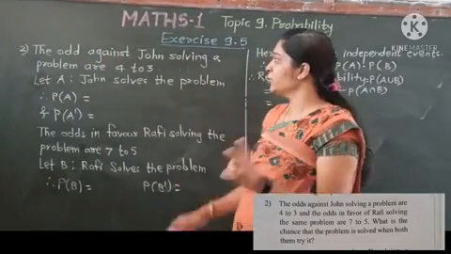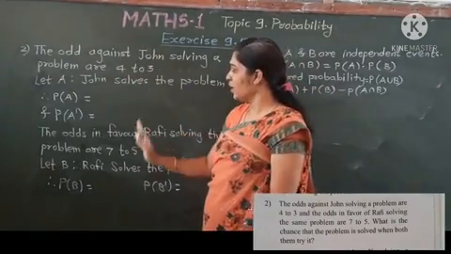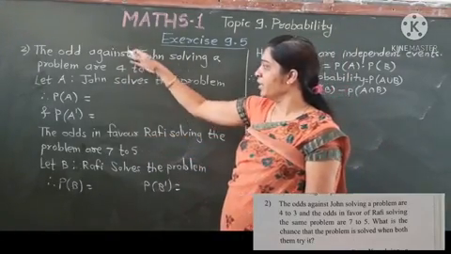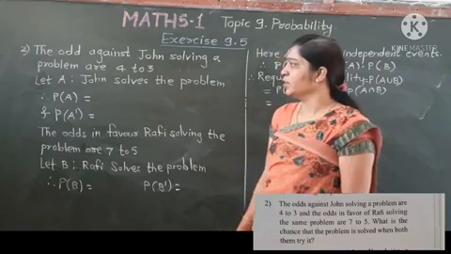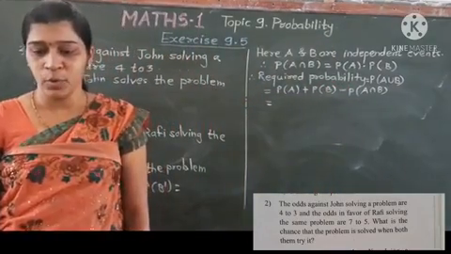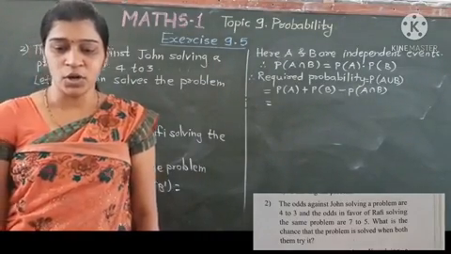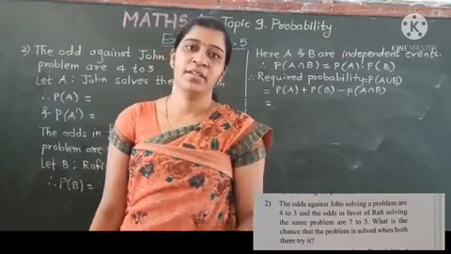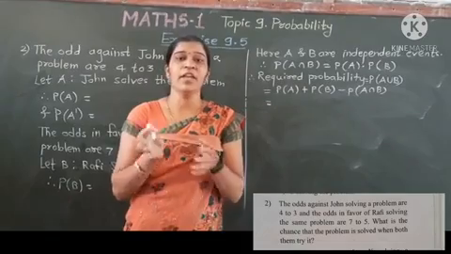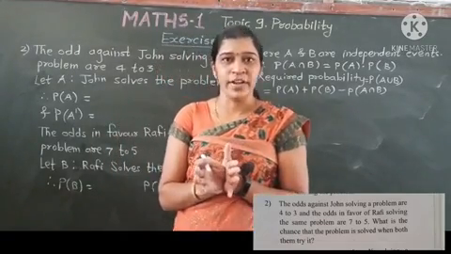We have been given two conditions: solving a problem by John and solving the problem by Rafi. In favor of is given here, against is given. We have to find the chances that the problem is solved when both of them try it. Both trying means union. We have to find P of A union B, for both. Understand what we have to find?